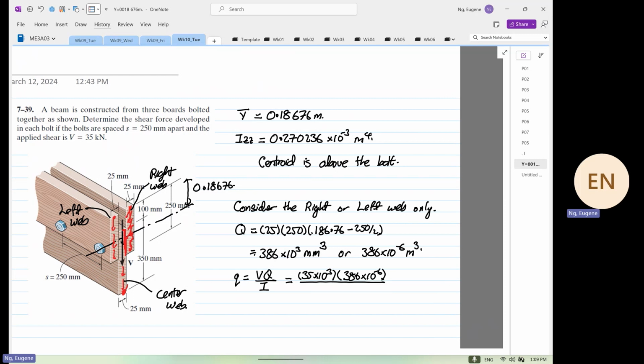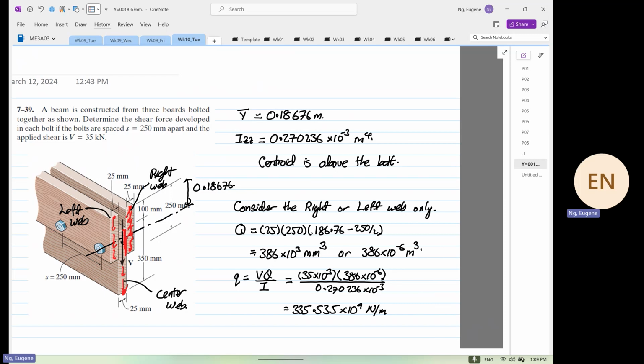The I is 0.270236 times 10 to the power minus 3. So this will be equal to 35 times 10 to the power 3 times 386 times 10 to the power minus 6 divided by 0.270236 times 10 to the power minus 3, which is 335.534.